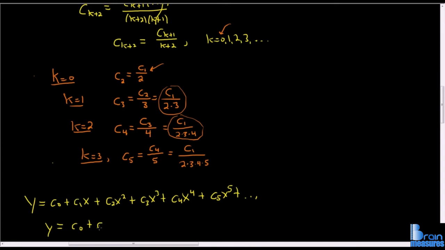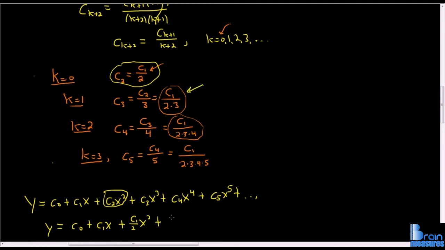Actually, we don't have it. So c sub 1 is c sub 1. And then c sub 2, we do have that. I was looking for c sub 1 and it wasn't there. c sub 2 is c sub 1 over 2. So we get c sub 1 over 2 times x squared, right? That's right there. And then plus c sub 3. Now c sub 3 is right here.